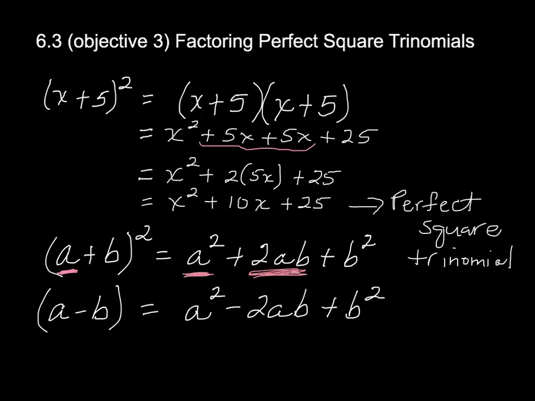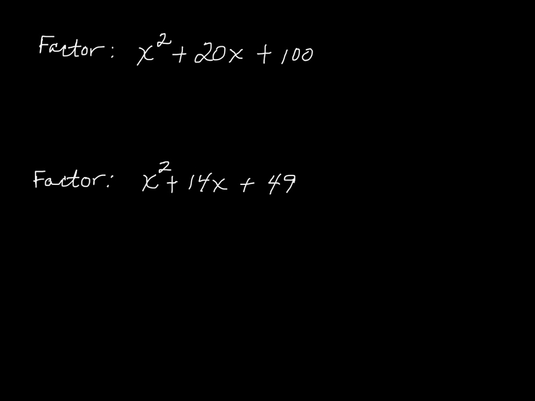Then you square the second term. But to go backwards, you look at your a squared, your 2ab, and your b squared, and you try to figure out what binomial must be squared in order to get that particular trinomial. So let's just go look at a few examples and attempt to factor them.